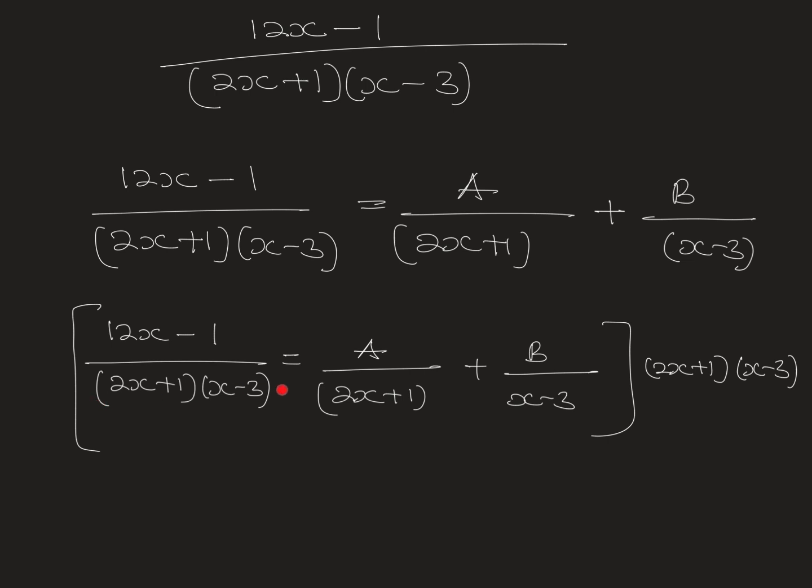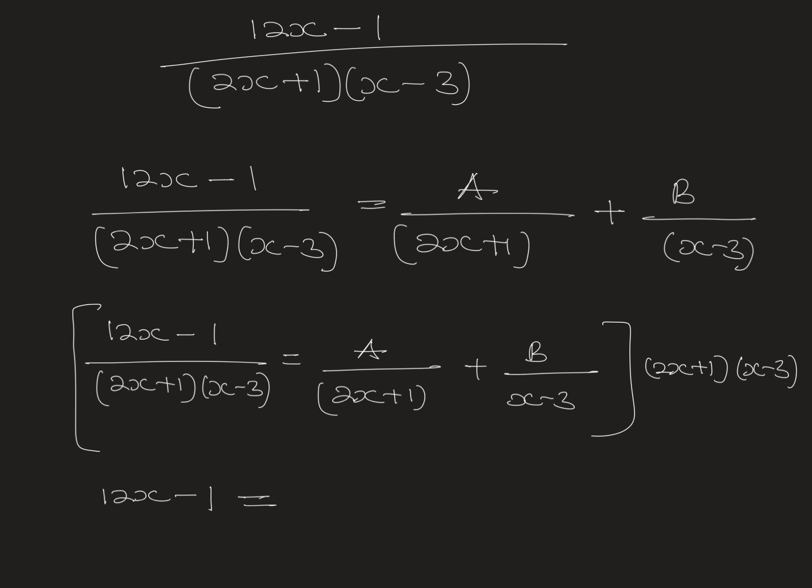So this 2x plus 1 into x minus 3, when it goes into this, it will cancel out. So we'll have 1 times 12x minus 1, which will give us 12x minus 1. This is equal to, if 2x plus 1 goes into this expression, 2x plus 1 will cancel 2x plus 1, then we will remain with x minus 3.